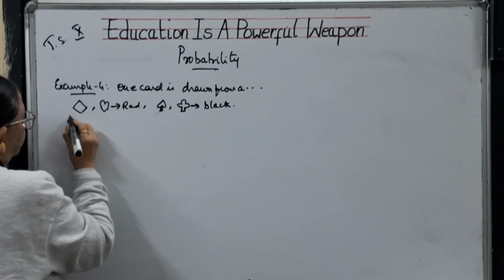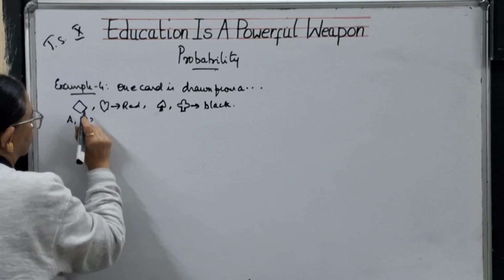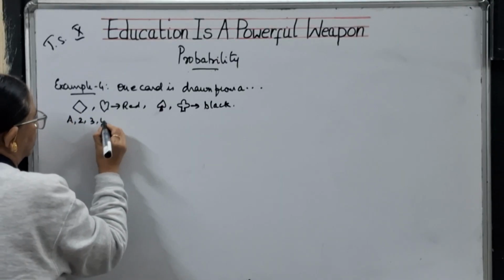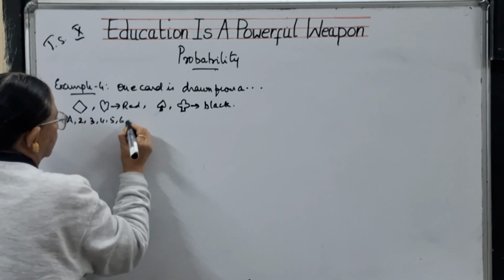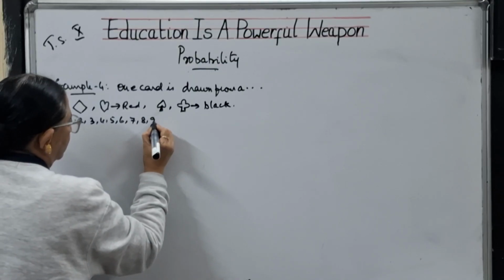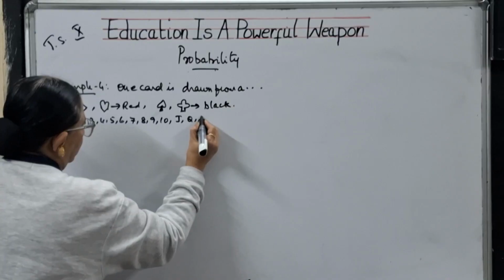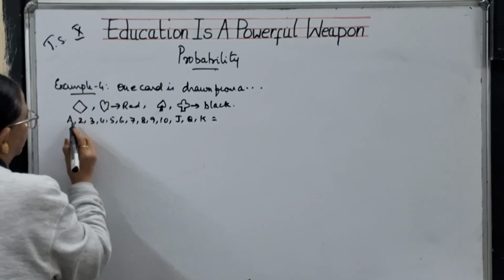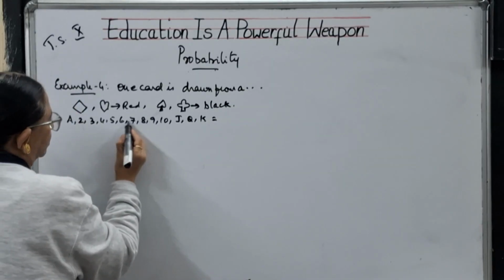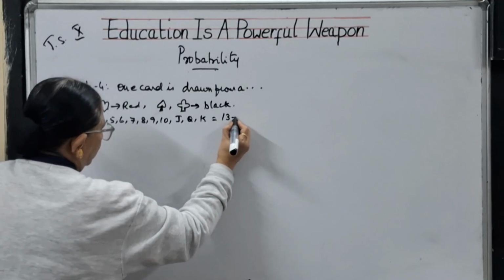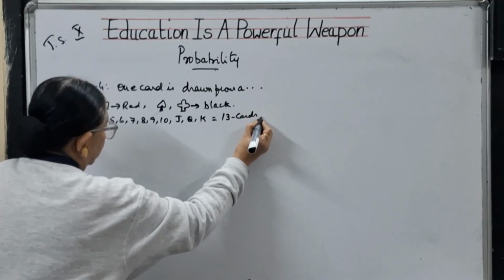That means we have ace, which is considered as 1, then 2, 3, 4, 5, 6, 7, 8, 9, 10, and a jack, a queen, a king. Total how many? 1, 2, 3, up to 13. Each shape has 13 cards.